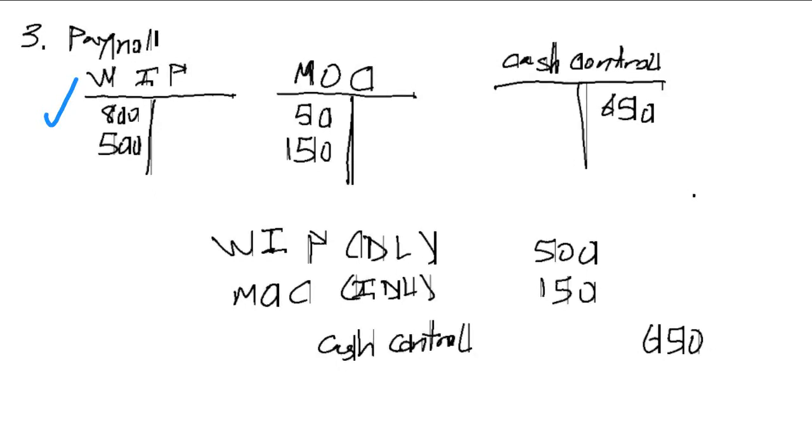And I have $50 manufacturing overhead control from journal entry number 2. Here, I debited work in process by $500. This is direct labor. So I debited work in process 500. That's direct labor. And I debited manufacturing overhead control.